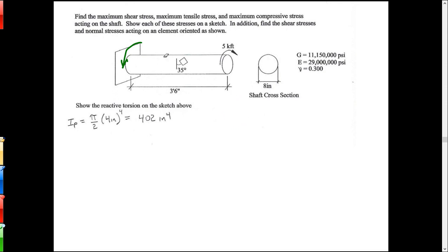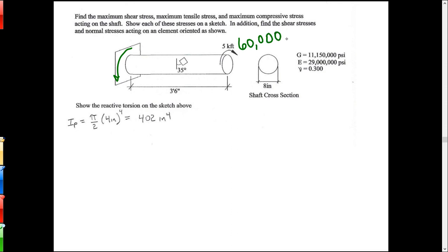So we doing that? And then I got kip-feet there, so this would be the same. That's 5,000 pound-feet times 12, which would be 60,000 pound-inches. I want to get these into pounds and inches because I've got my shaft dimensions in inches.